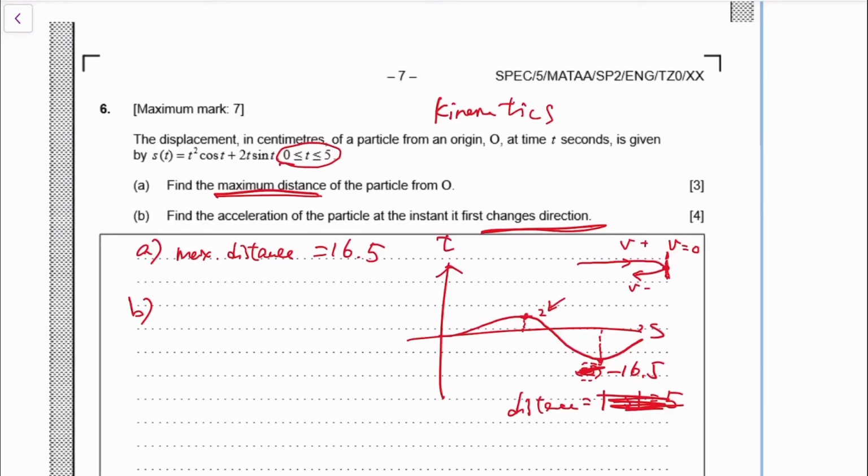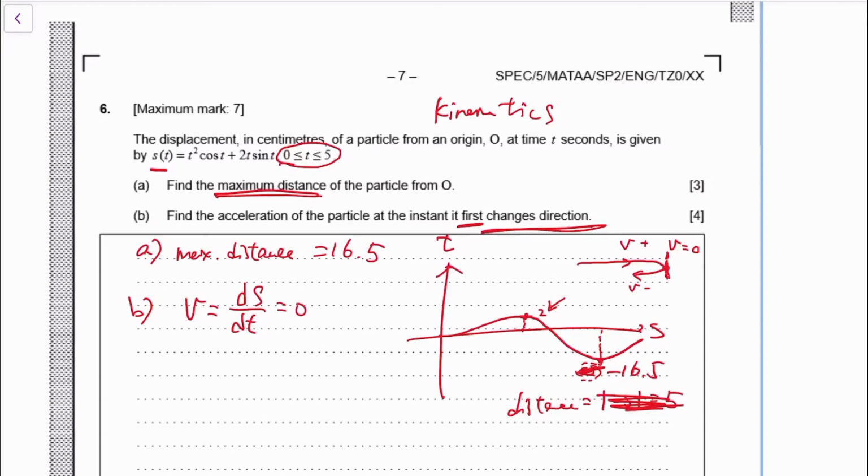Okay, so it seems that we need to find out when the velocity is 0 for the first time. Okay, when is that? If you think about it, the velocity is the derivative of displacement. That's the definition. So if we want the velocity to be 0, that's the same as saying we want the derivative of displacement to be 0.